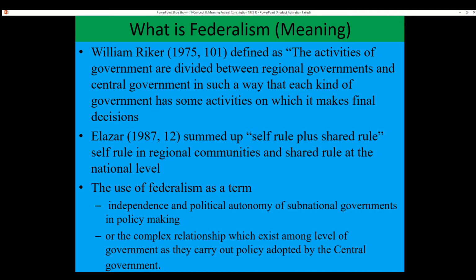It talks about the distribution of powers between central and provincial governments. They have their own domain. They can legislate in their departments, formulate policies in their department, and they have powers to execute their policies in their respective areas.